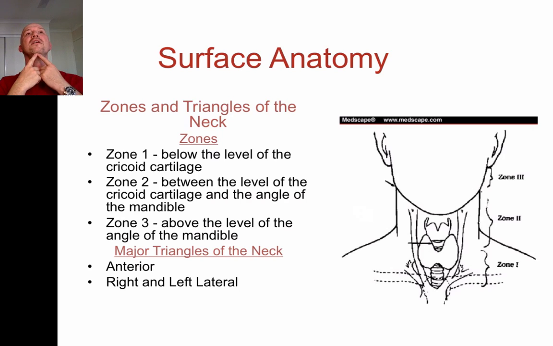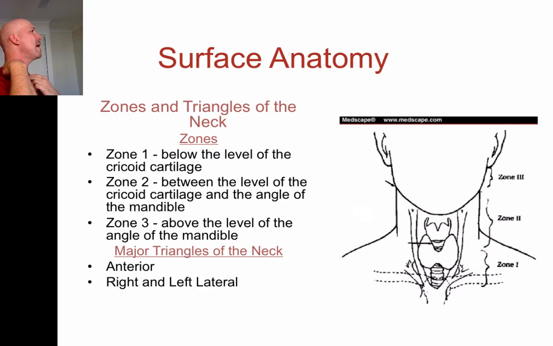If you take a look at it, starting at the menton here, starting at the chin, you go out to the angle of the mandible, that's kind of the top of a triangle which comes down like that. So you've got these nice strong muscles here, sternocleidomastoids, comes down, and this is a triangle. So we call that the anterior triangle of the neck. And then if you look from the side, this is the line of the anterior triangle.